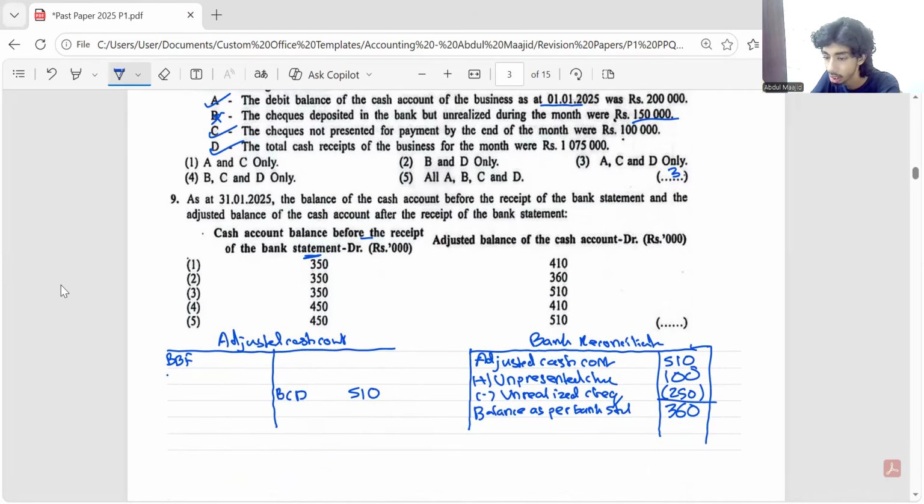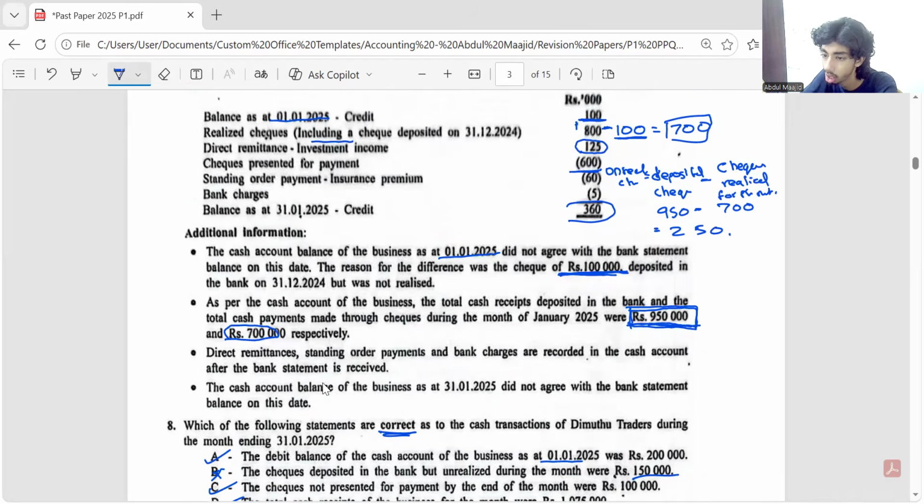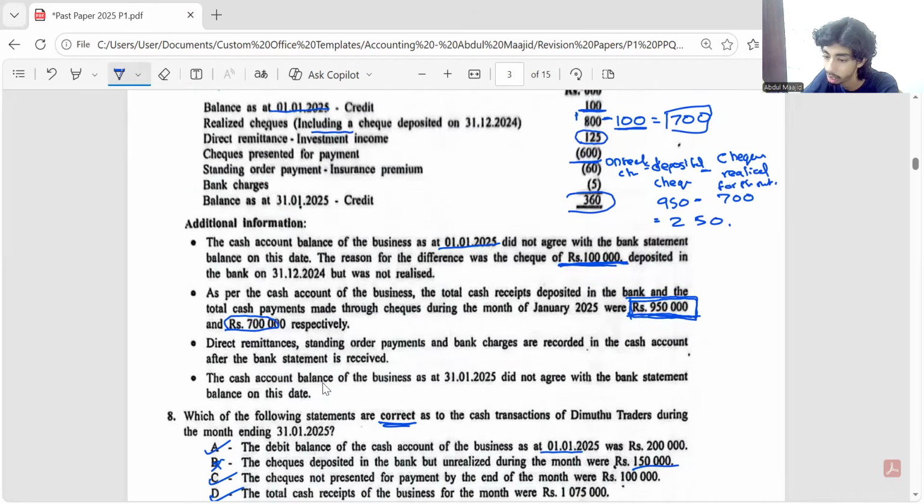Then the cash received during the month you will debit. Cash payment during the month you will, sorry, give me a minute. You have to debit the direct remittance here. What are the things that will come to adjusted cash control? Direct remittance, bank charges, and standing order. Direct remittances are 125.